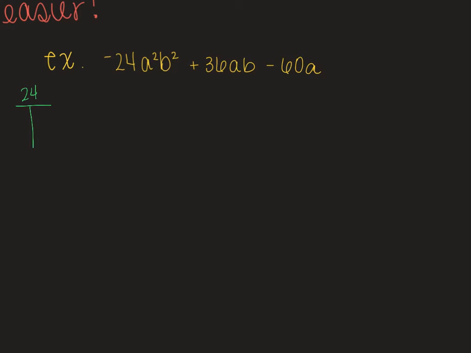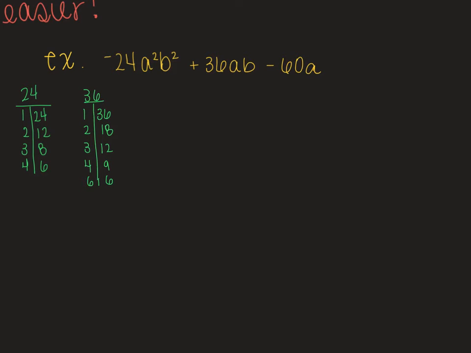So we have 24, the factors of 24: 1 and 24, 2 and 12, 3 and 8, and 4 and 6. Then we can do factors of 36. When we break up 36, we have 1 and 36, 2 and 18, 3 and 12, 4 and 9, and 6 and 6.